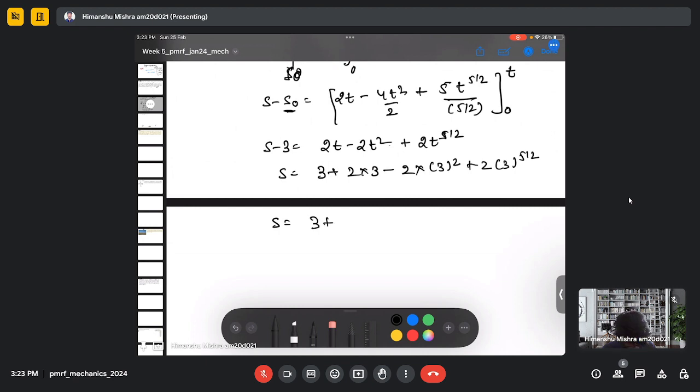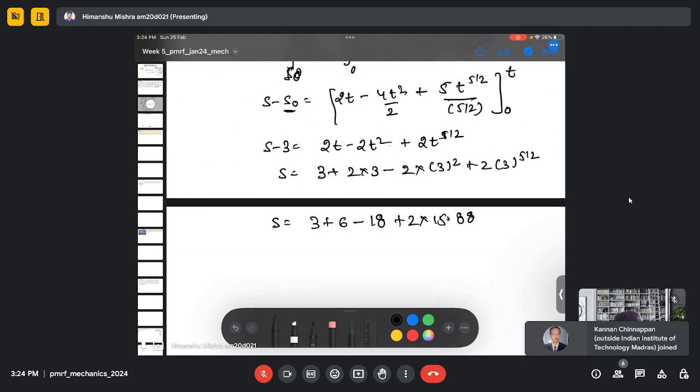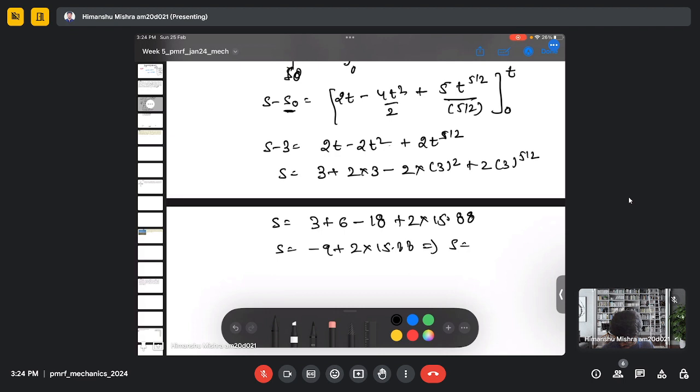So it will be 3, 6, minus 18 plus 2 multiply 15.88, so it will be 22.76 meters.